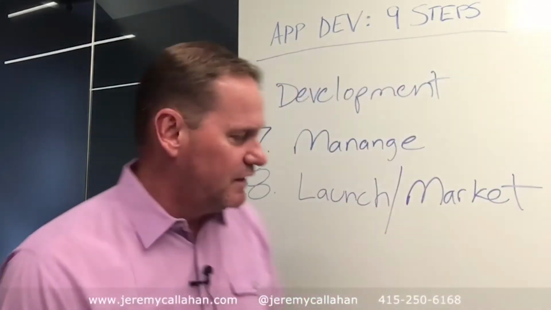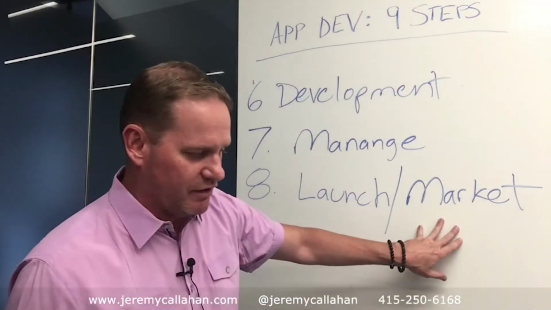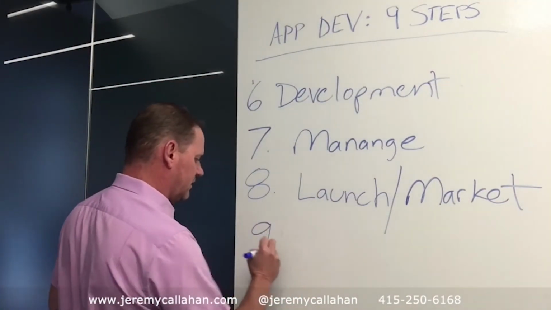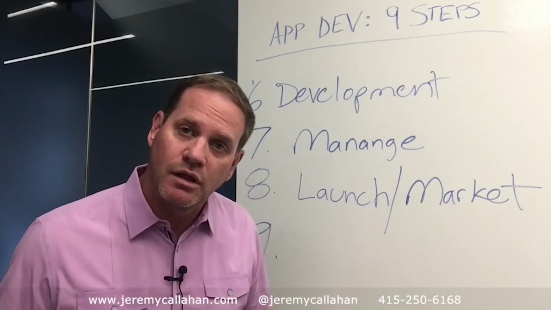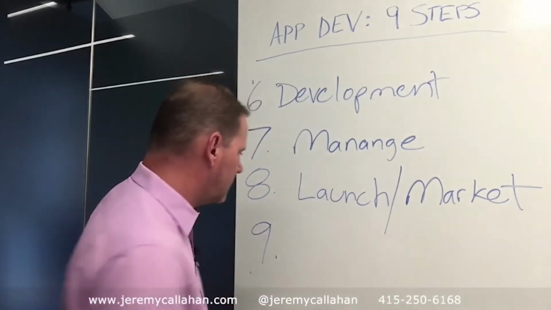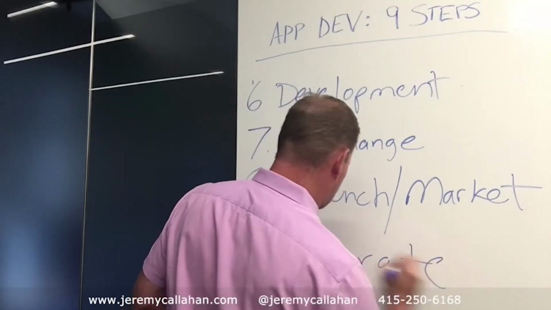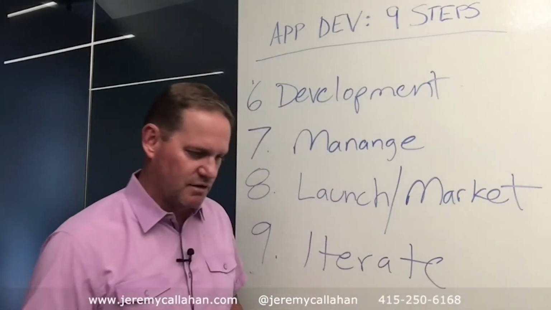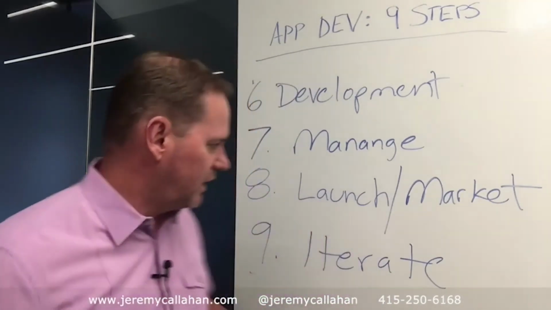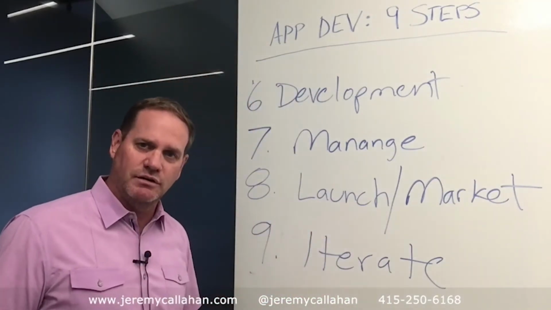And then finally, now that we've launched and we've marketed, the final step is, it ain't over. It's never over. Okay? We are going to iterate. So again, we were talking about an MVP earlier.